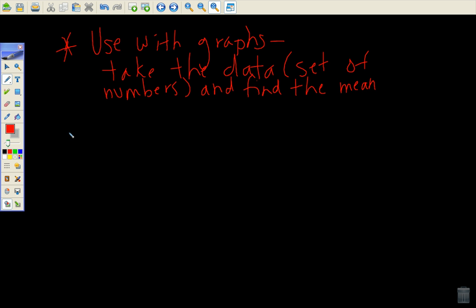Here are the steps to finding the mean or the average, and I can use those words interchangeably because they do mean the same thing. Step one, you're going to take your data set, all the numbers in the data set. Doesn't matter if there's 4 numbers, 10 numbers, 25 numbers, or even more than that. You're going to take all those numbers and add them up.